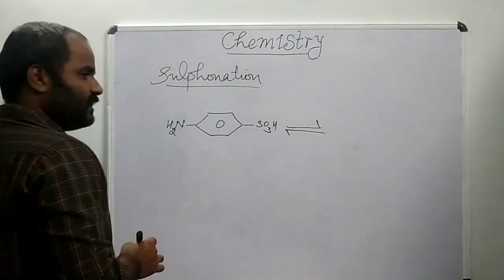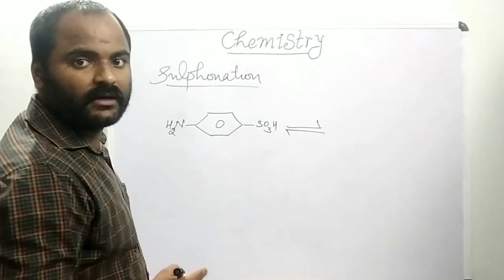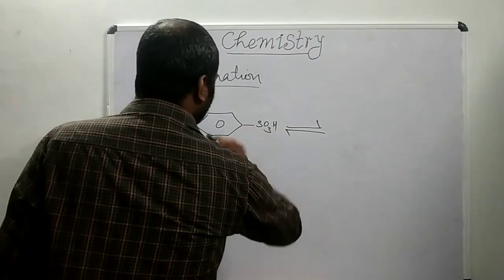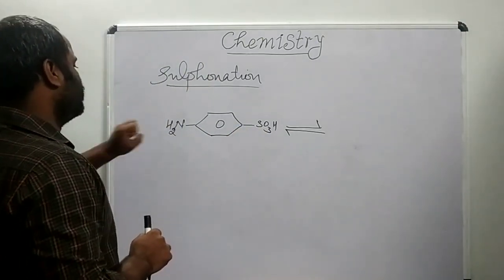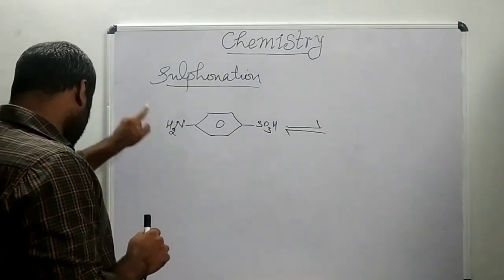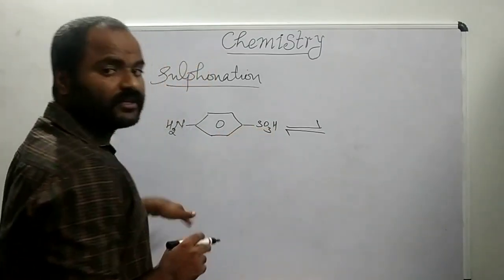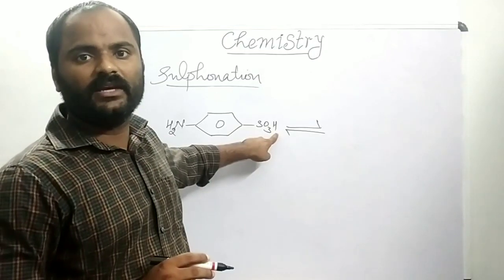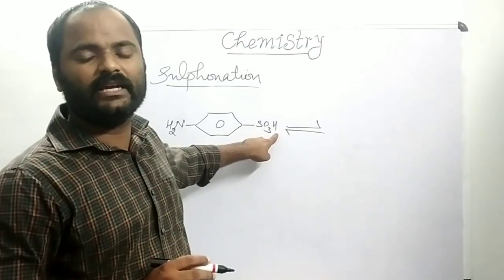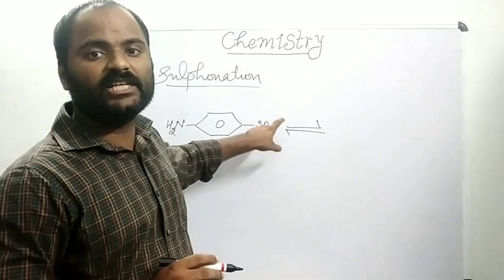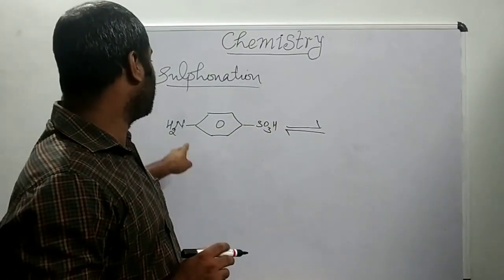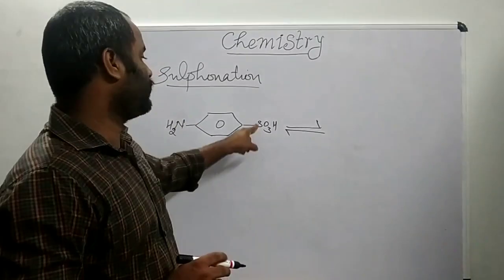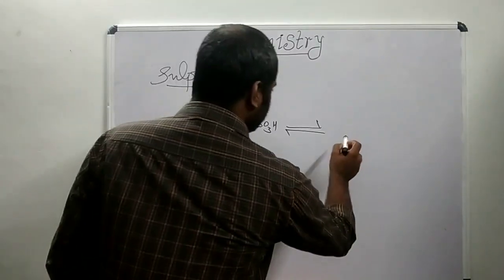It exists as a zwitterion. So the H from SO3H shifts as H plus to NH2, and it becomes NH3 plus, and here SO3H forms SO3 minus.